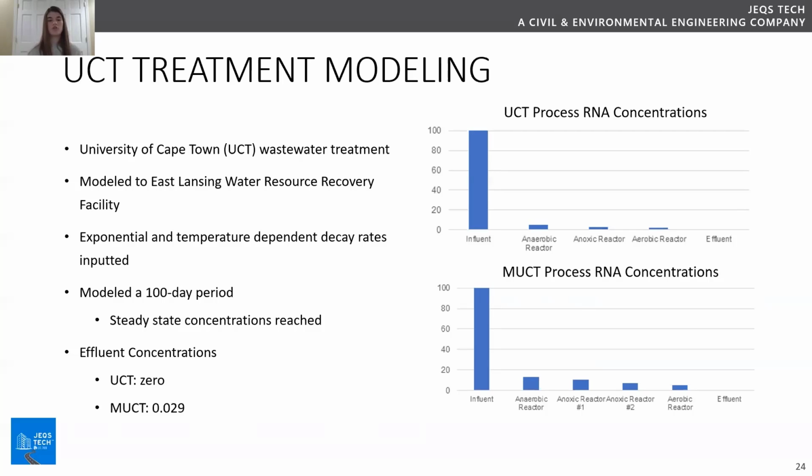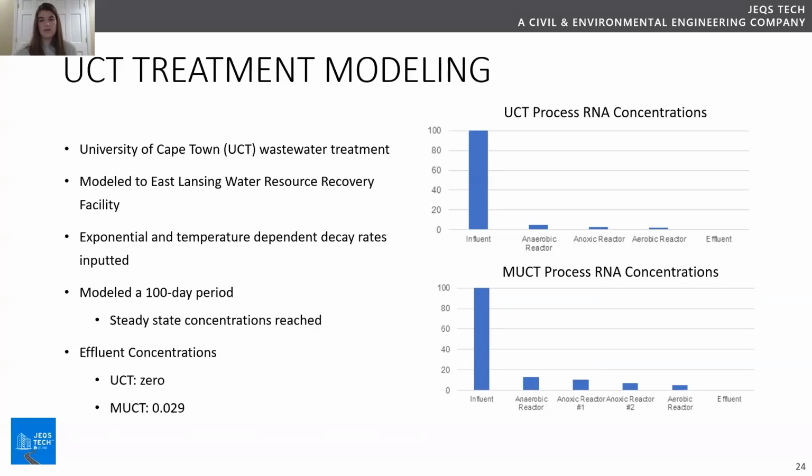And we modeled a 100-day period to guarantee that steady state conditions were reached. So we ran it once to determine what steady state conditions were, then we ran it 100 days, and those conditions were met. And you can see the steady state concentrations on the right for each of the different reactors of the UCT process, starting with an influent of 100 RNA copies. And then you can see it is efficient in removing the virus.